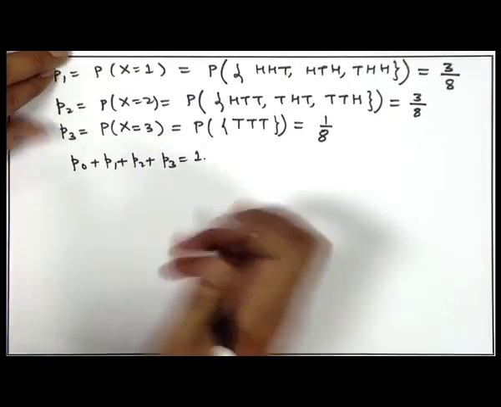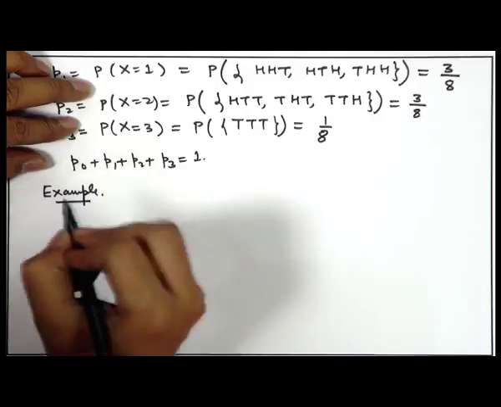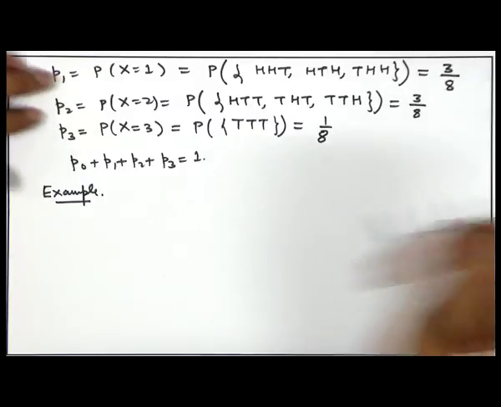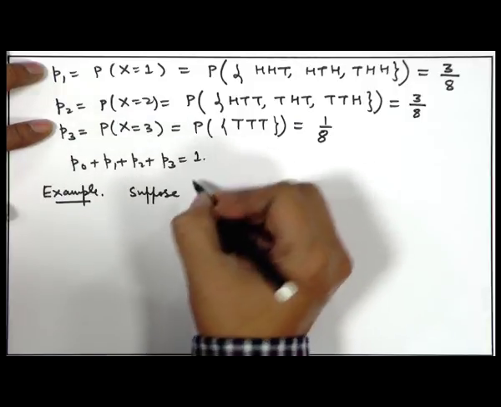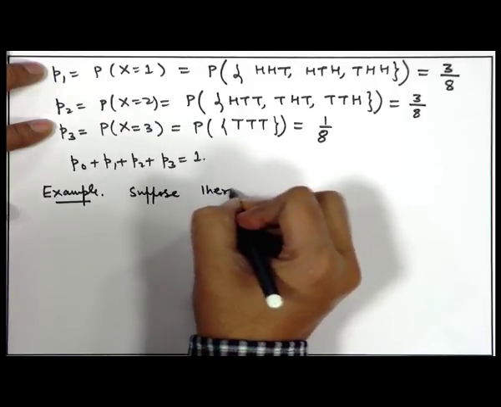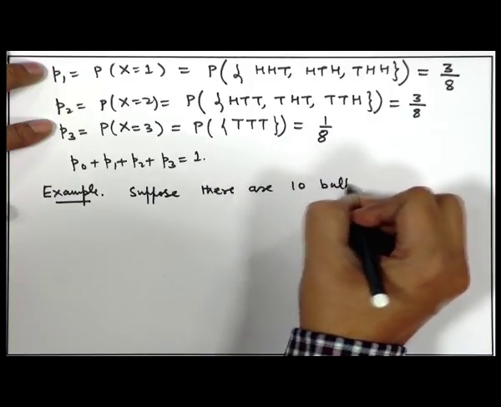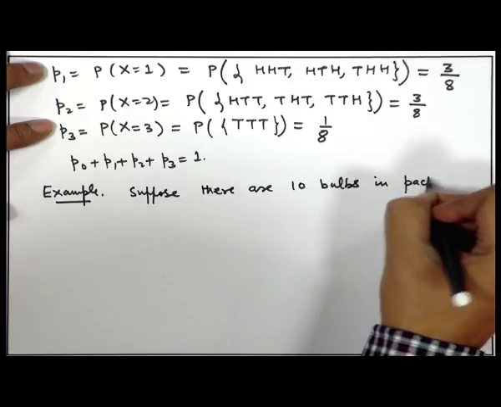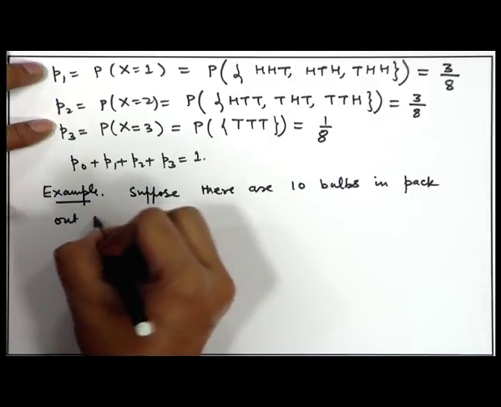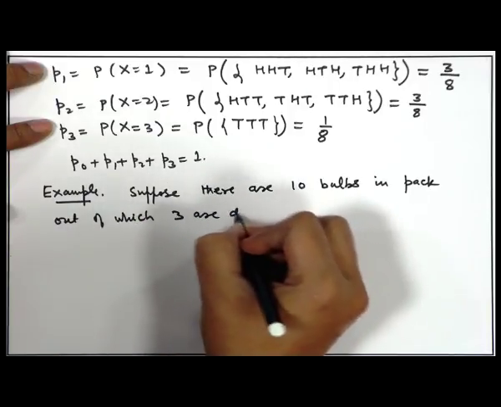Let me take another example. Suppose there are 10 bulbs in a pack, out of which 3 are defective.